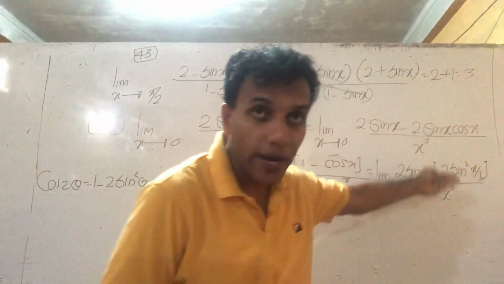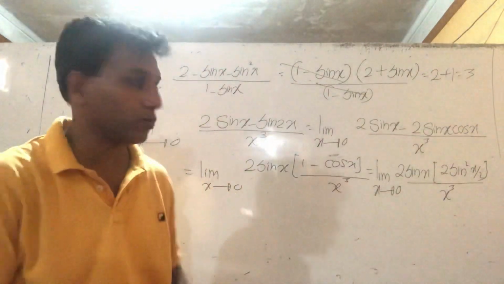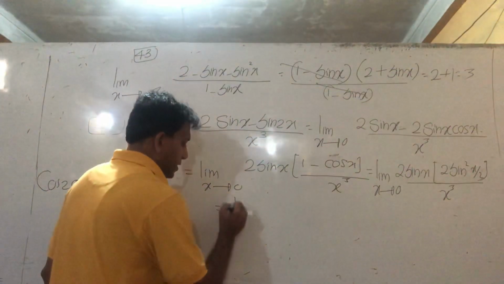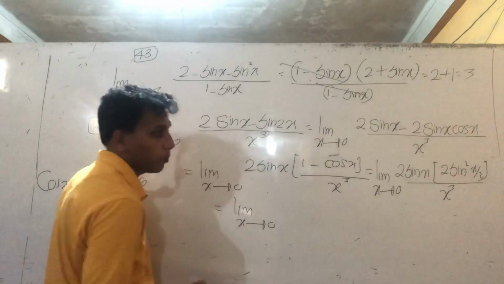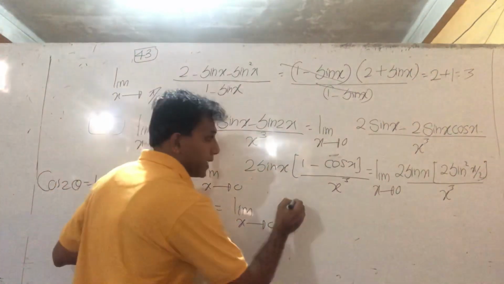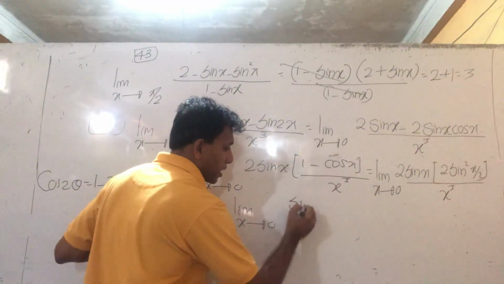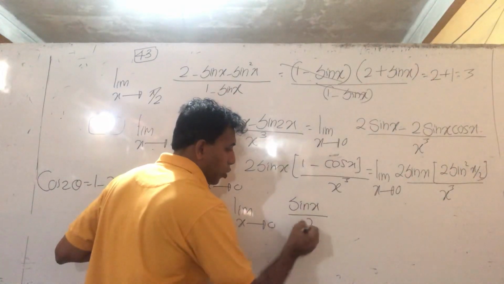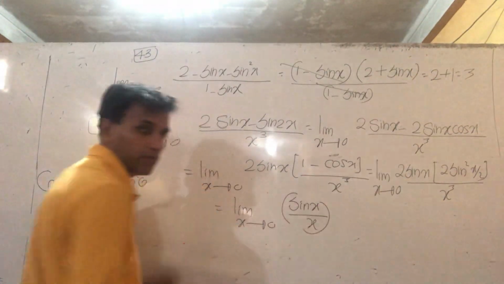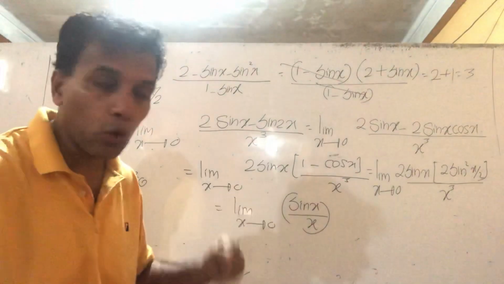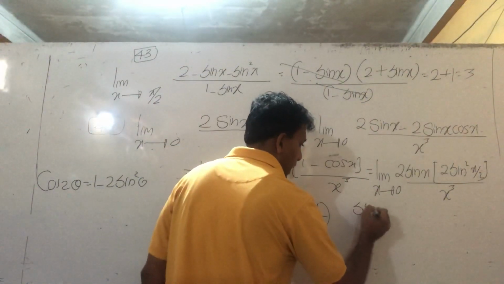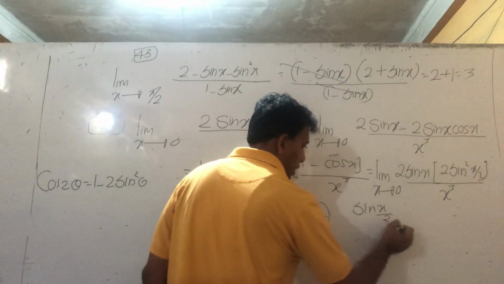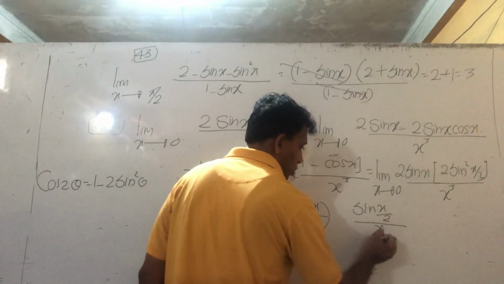Here sine x by 2, therefore below x by 2. First I complete sine x over x, that's the trigonometric limit theorem. But the other one is sine x by 2 over x by 2, okay?